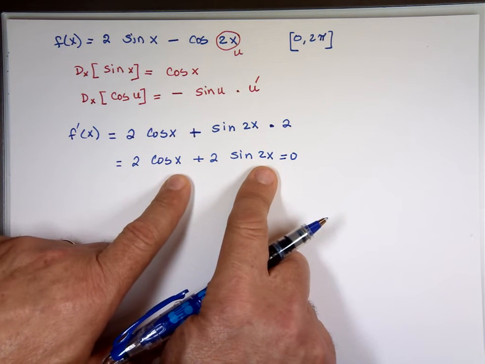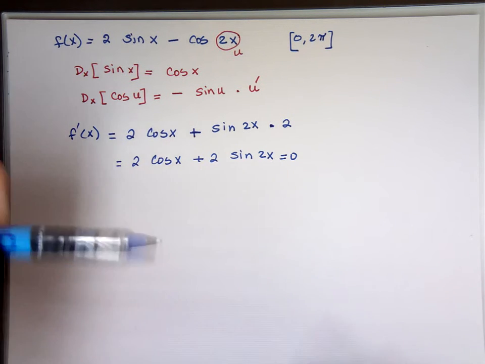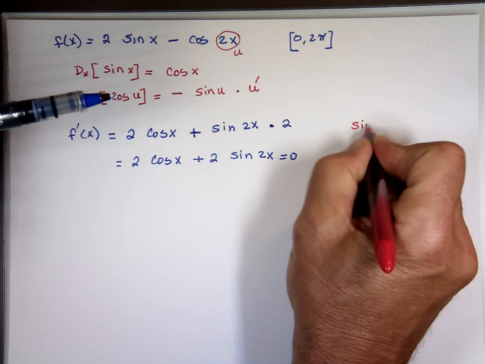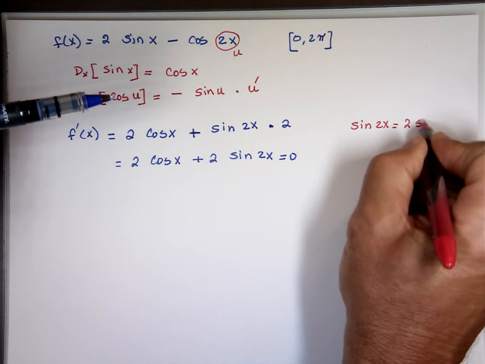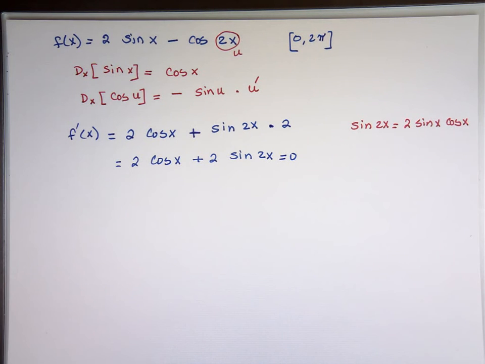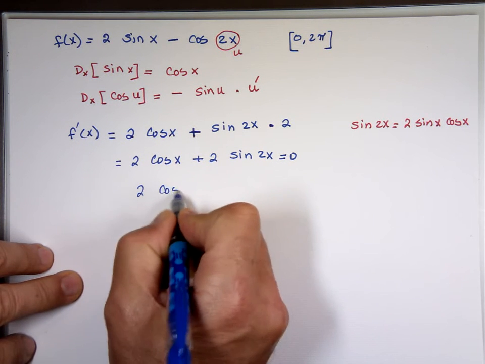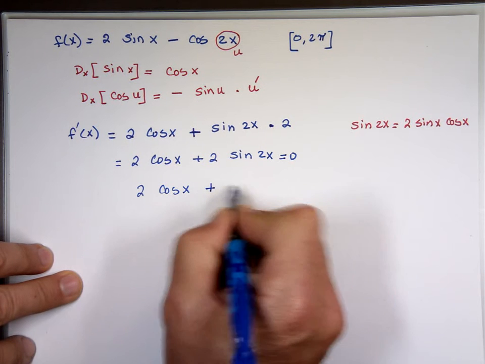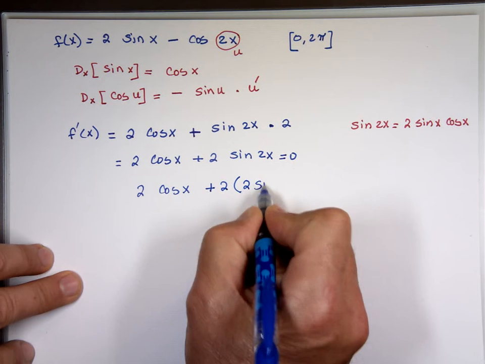So if I take sine 2x, we have a trig identity that says, wait a minute, isn't sine 2x equal to 2 times sine of x cosine of x? If I use that trig identity, I end up with 2 cosine x plus, in place of sine 2x, I'm going to put 2 sine x cosine x.